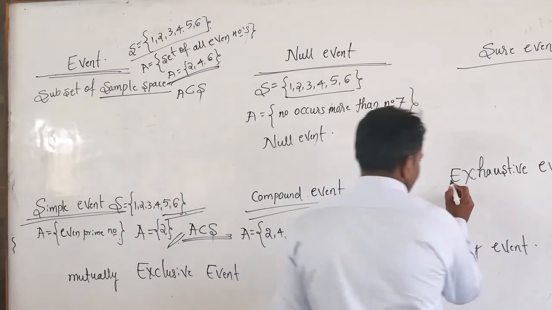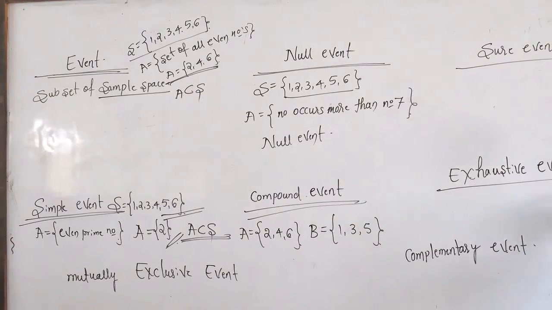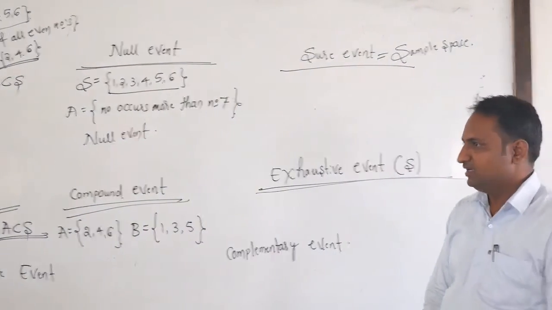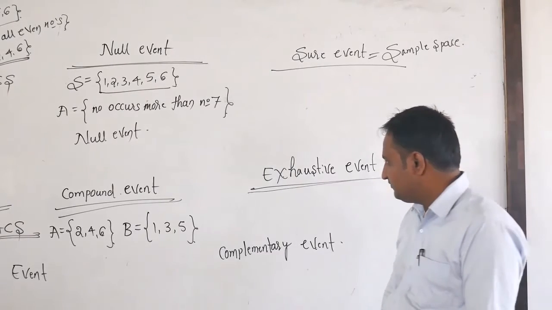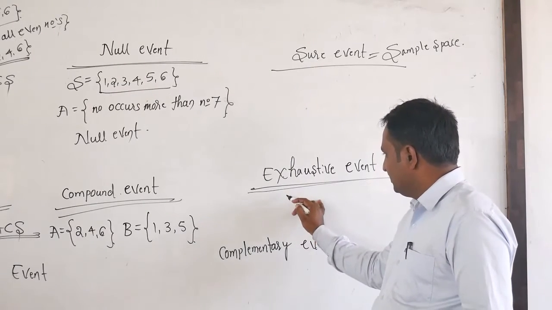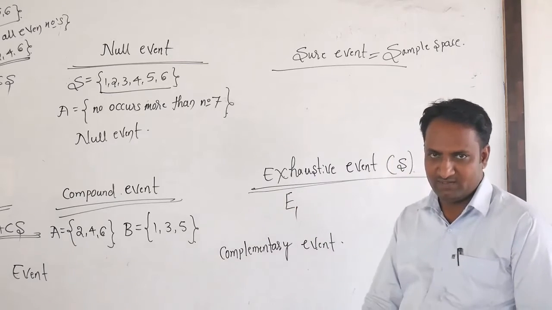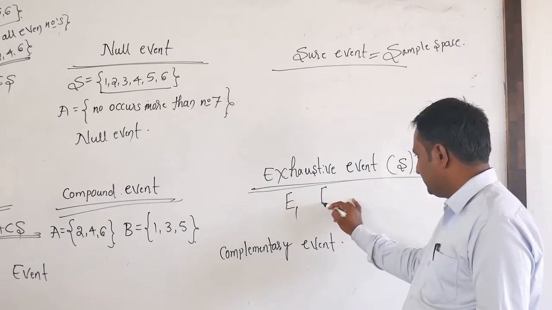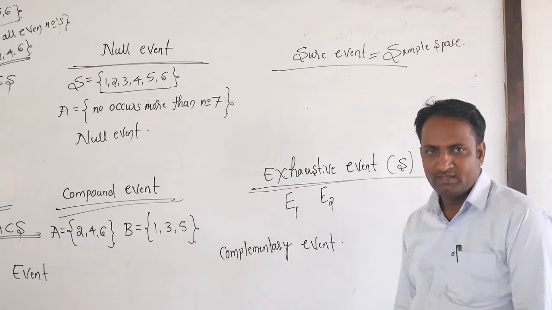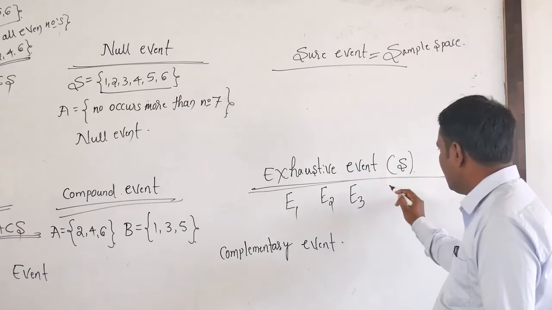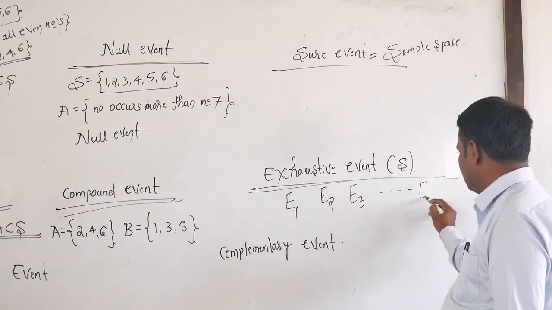Exhaustive event. The next very important term is exhaustive event. Exhaustive event means, consider an event E1 and another one E2, next one E3, and so on up to En.